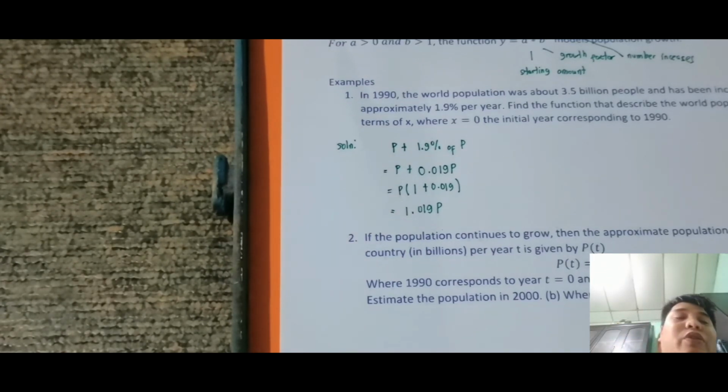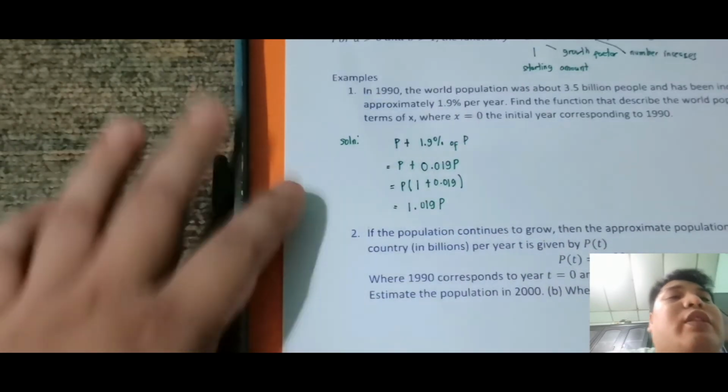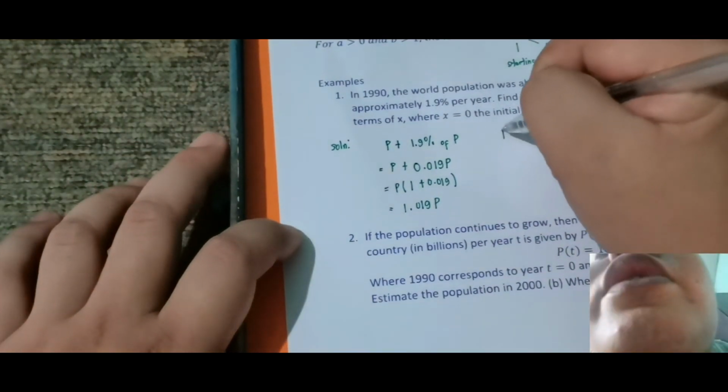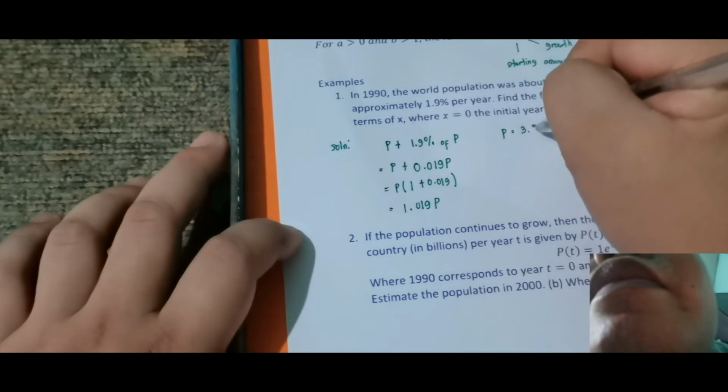That is our population. So what is the population? Our population P, we know that P is 3.5 billion.